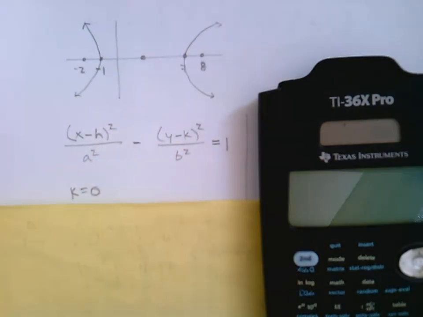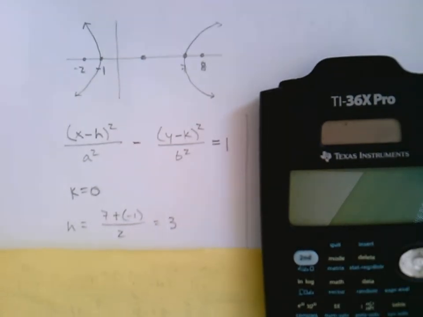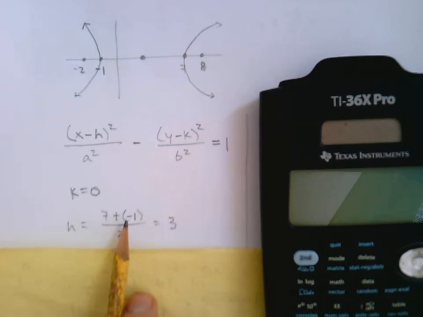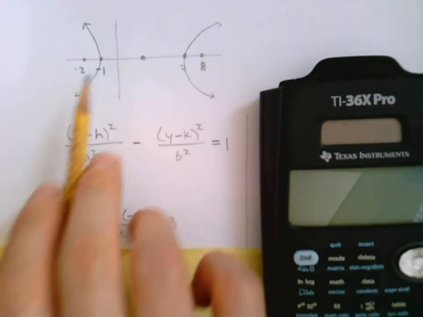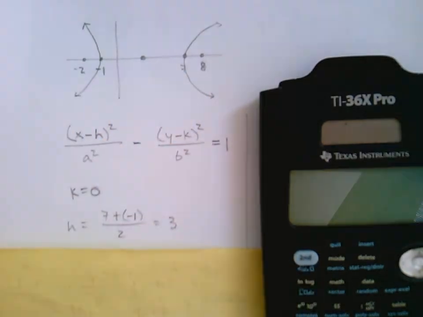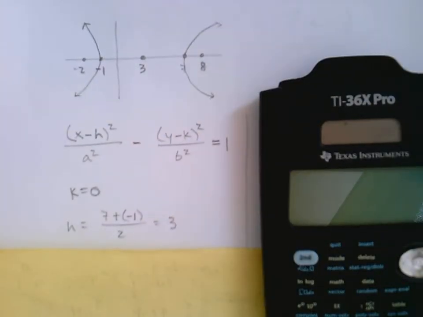What number is right in between them? One way to do it, you might be able to just eyeball it, and that would be fine without any work. Or you might take the average of the vertices, 7 and -1. You could take the average of the foci coordinates there. You'll get 3. So right there in the middle, h equals 3.